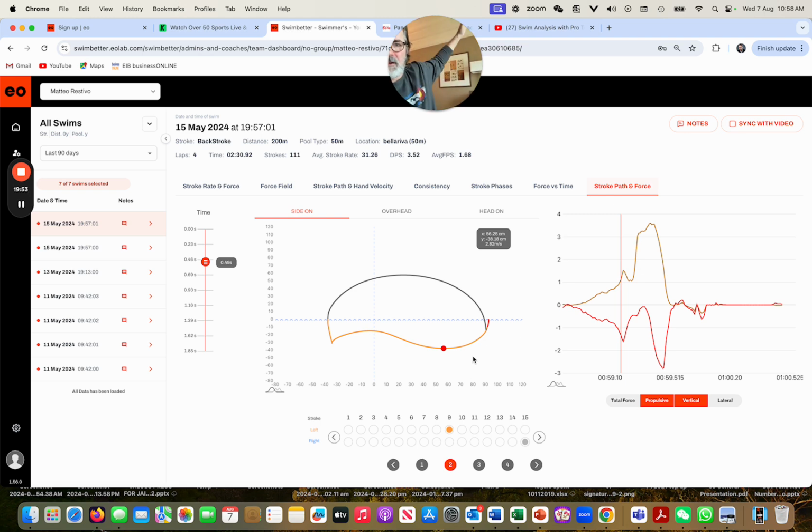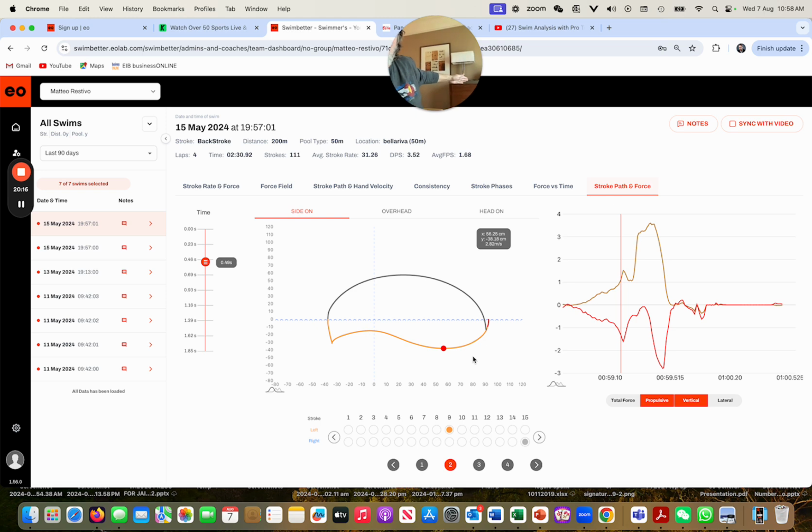But we're looking, once the hand comes in, we don't want that hand to rotate and give us downward force. We want that hand to come through and stay perpendicular as much as possible. We want it to be full face of the hand as much as possible.